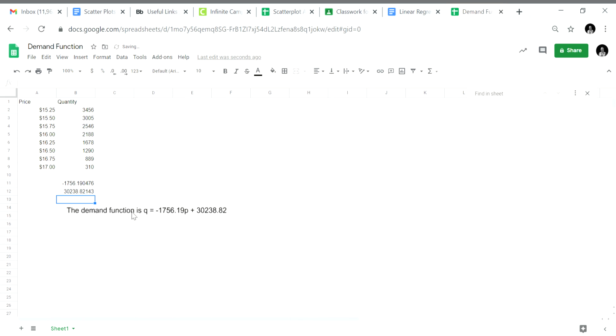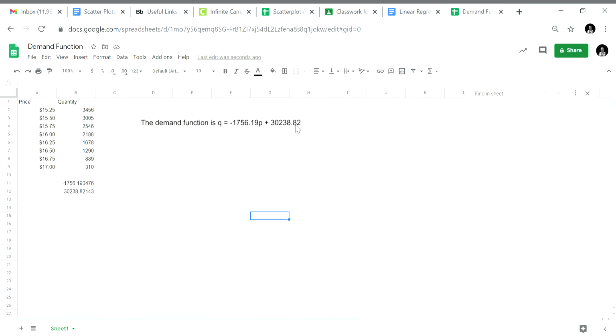Now, what do these numbers mean? Okay. The slope means every time the price goes up $1, you would expect to sell 1,756 less of whatever widget we're selling. The demand is what consumers want to buy.